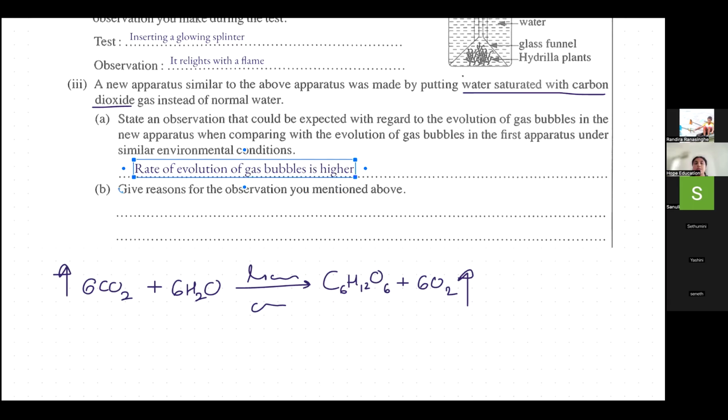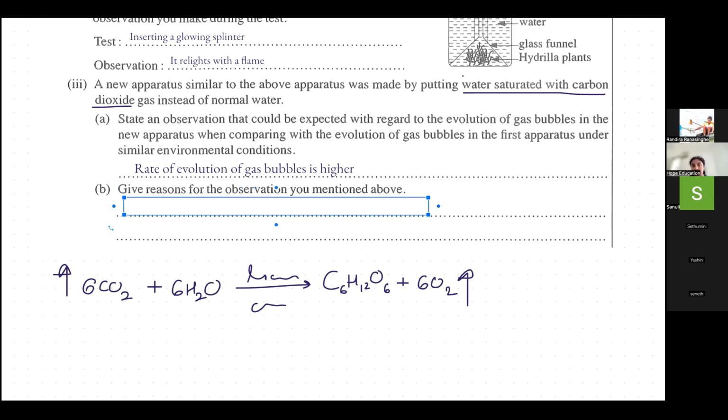Give reasons for the observation. For the reasons, marks were given for two parts. One, you have to say that more carbon dioxide means there will be more carbon dioxide for, not respiration, photosynthesis.